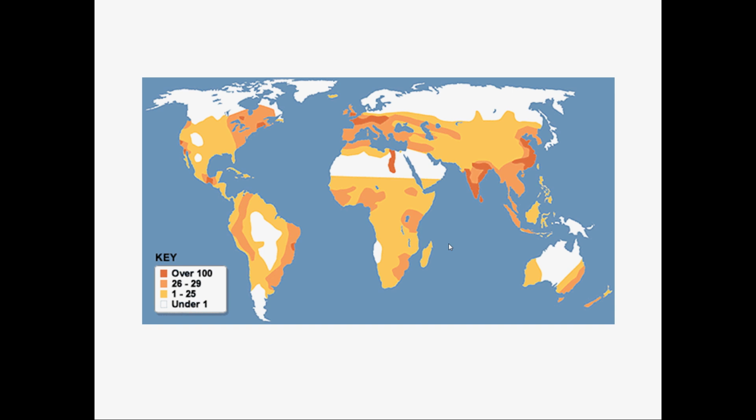And then under 1, you won't be able to see it on the key, is the white areas: sub-Saharan Africa, the Amazon, the north of Alaska and Canada and Russia, and the desert, I've forgotten the name of it, in the middle of Australia. So, natural resources.